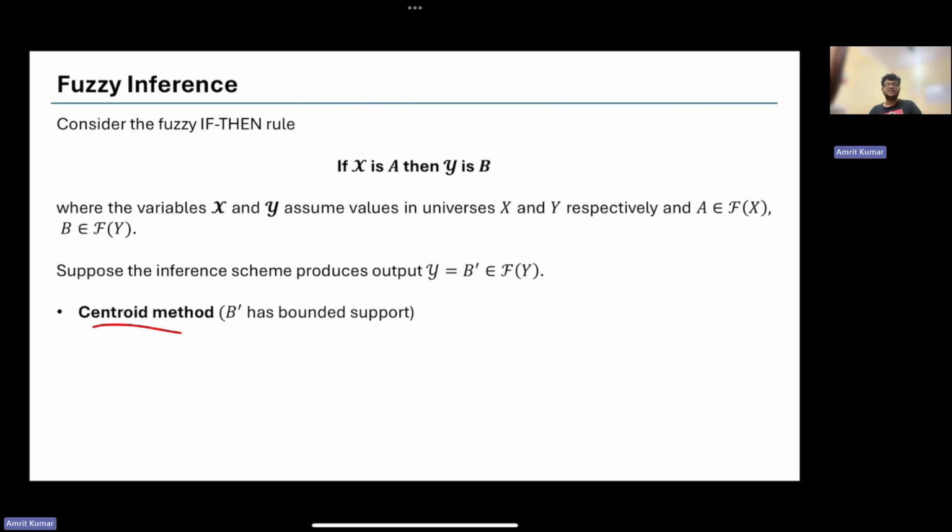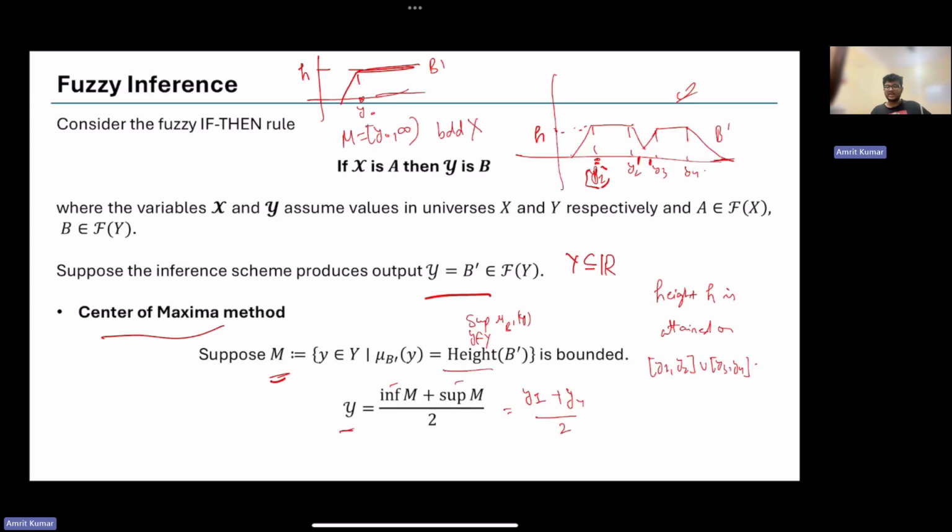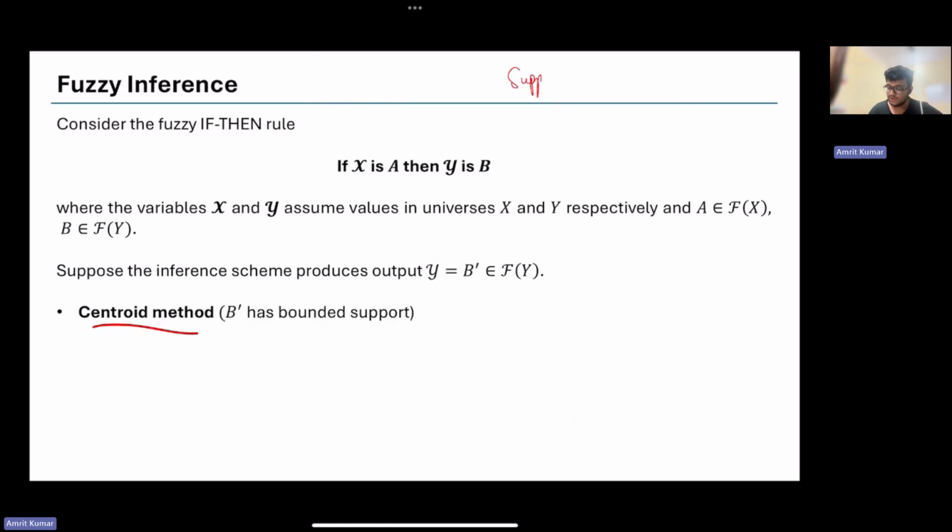Now let us look at the centroid method. In the centroid method, you have the condition that your output fuzzy set needs to have a bounded support. If you look at a B dash like this, it does not have a bounded support. I hope everyone remembers that the support of a fuzzy set B is the set of all members of the universe Y that belong to fuzzy set B with a non-zero membership.